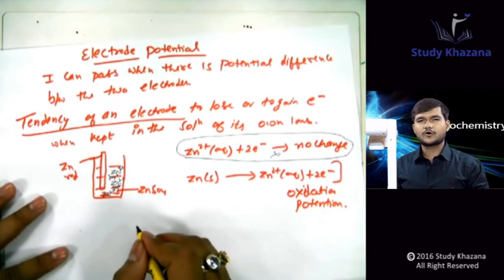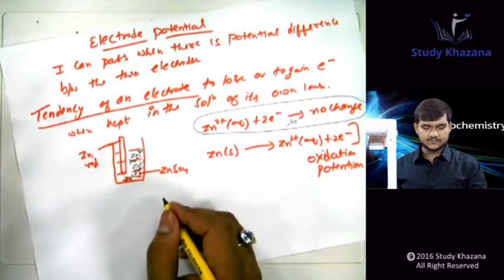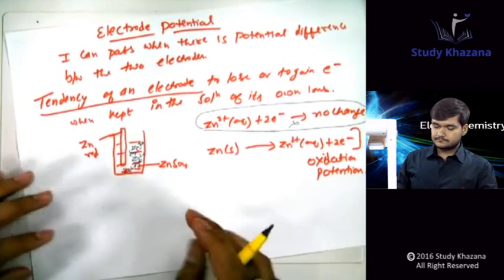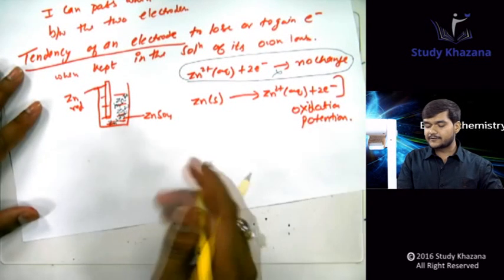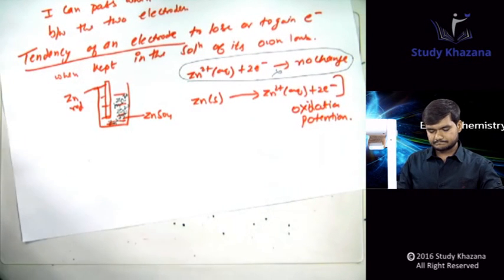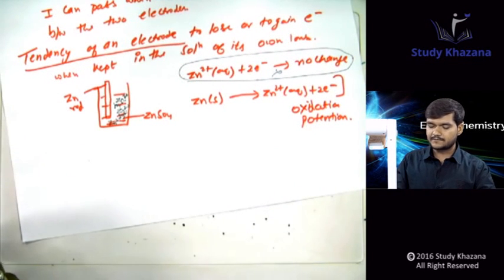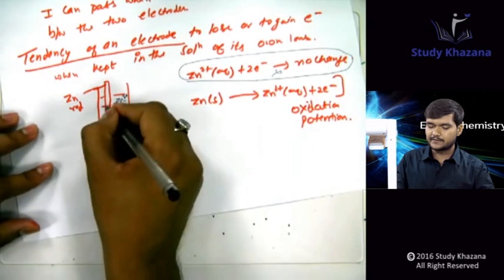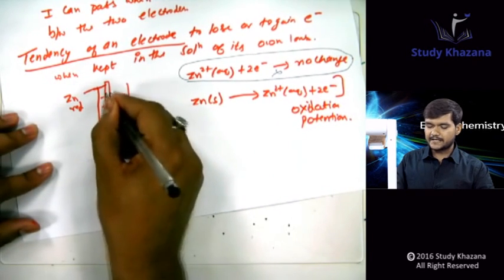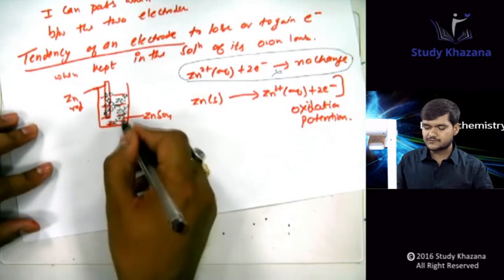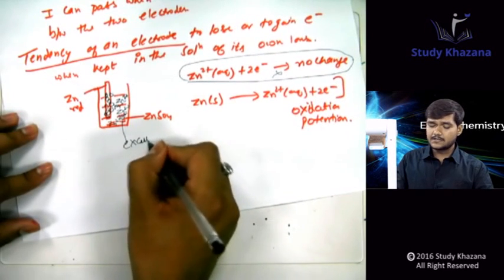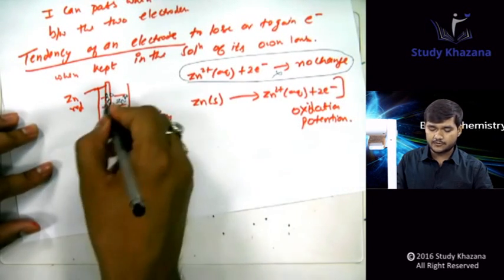Similarly, the rod can have reduction potentials. Now, when zinc comes into the solution, it will lose 2 electrons, and the electrons get accumulated on the rod only. So an excess of positive charge is created in the solution, and negative charge is created on the rod.